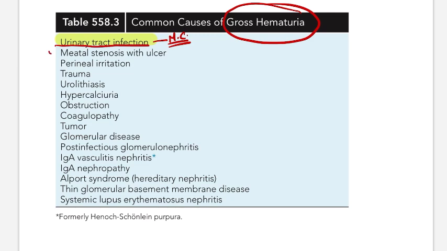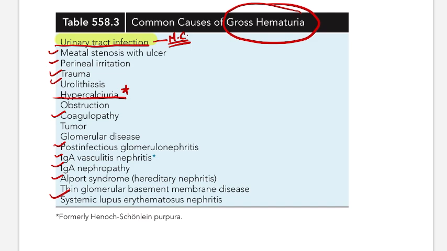Like meatal stenosis, perianal irritation, trauma, urolithiasis, hypercalcemia, this is important, coagulopathy, PSGN, IgA vasculitis nephritis, IgA nephropathy, Alport syndrome, SLE. We will discuss some of the individual disorders with gross hematuria in detail in upcoming lectures.